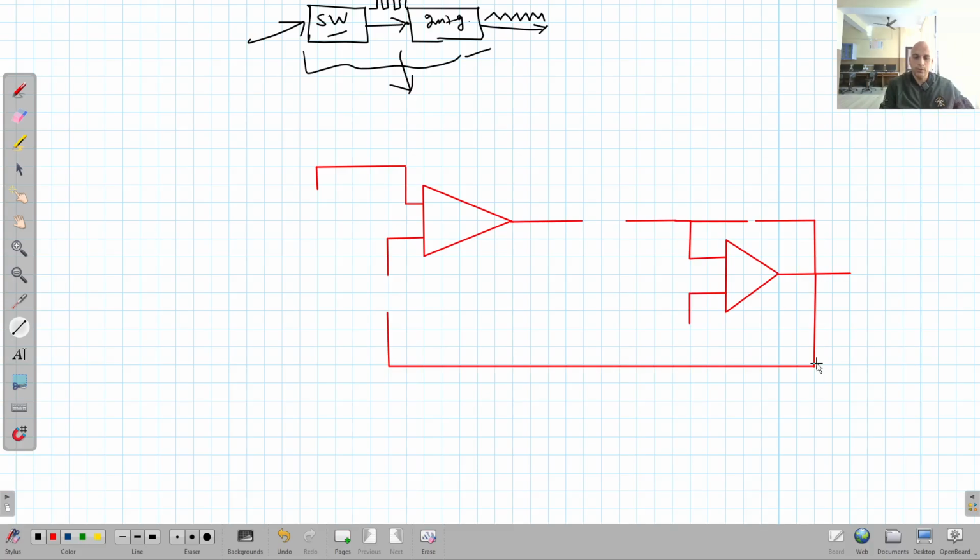Now I will introduce some components in this circuit, but first of all, let's make this path also. Now we are going to introduce the various circuit elements here in this circuit. This is for the supply.